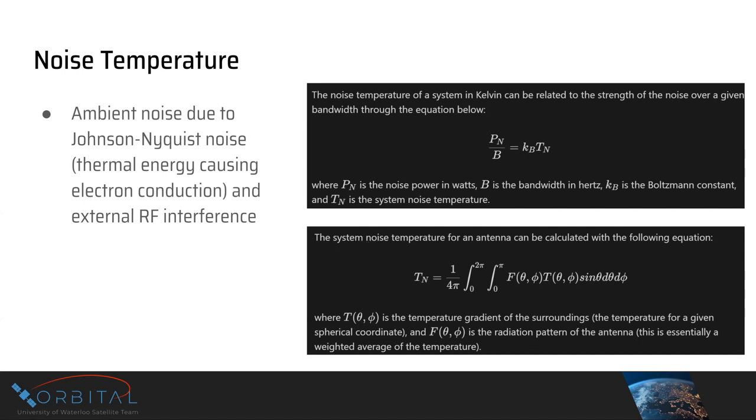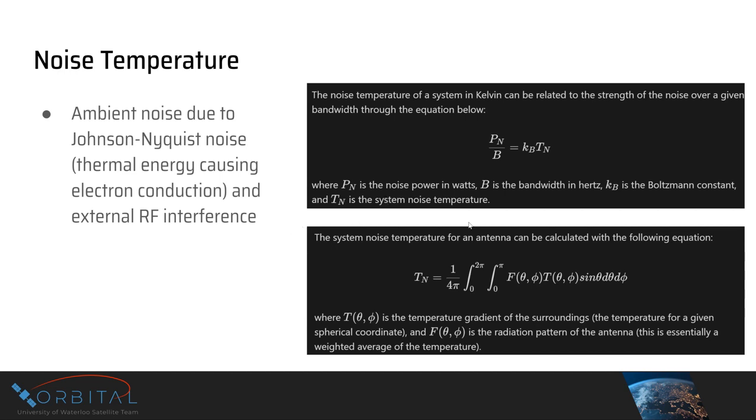The way you can think about it is thermal energy within the environment can cause electron conduction within an antenna after a certain amount of time. This is known as Johnson-Nyquist noise. You can read a bit more about it. And like I said, you also have some RF interference from other sources like radio stations and things like that.